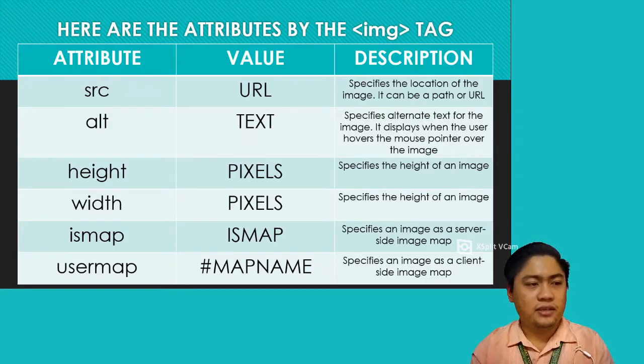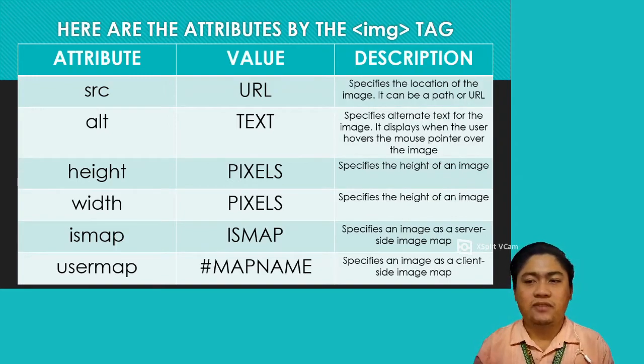We have the src, the alt, the height, the width, ismap, and usemap. The src specifies the location of the image. It can be a path or URL. Alt specifies alternate text for the image. It displays when the user hovers the mouse pointer over the image. Height and width are used to specify the height and width of your image.